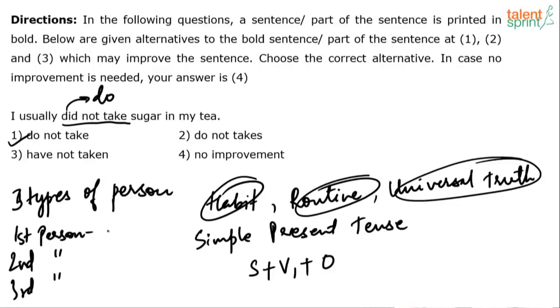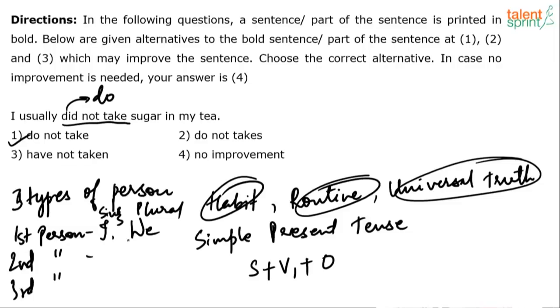What is first person? First person is the person who's talking. So like here I am talking, so it will be I. And if there are many people talking with me, it will be we. Okay, I is singular and we is plural. So who's second person?